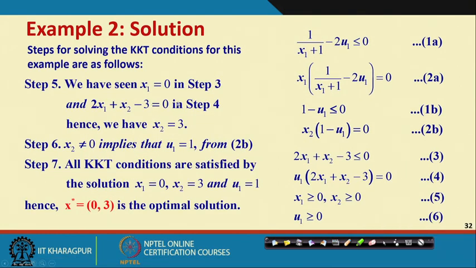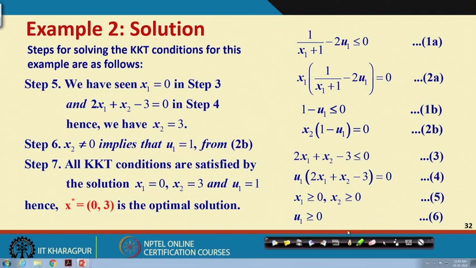We have x2 equal to 3 and we already saw u1 equal to 1. Since x2 is not equal to 0, u1 should be 1.